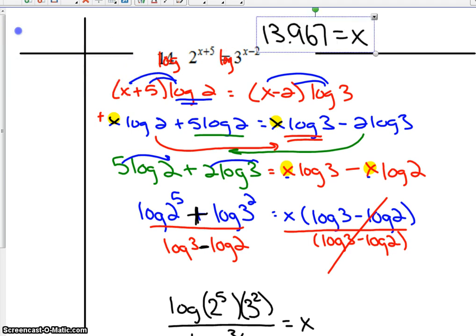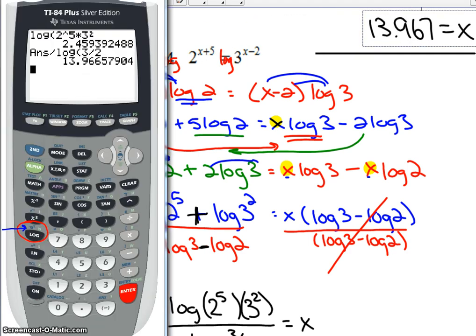Check our answer. Very important with these big ugly problems that you do that, whether it's back of the book, but when we get to a test, it's going to be good if you're able to type this stuff in and make sure it works. So 2 raised to the x, and notice again I put it in parentheses, plus 5, and do the same thing with 3 to the 13.697, this time minus 2.